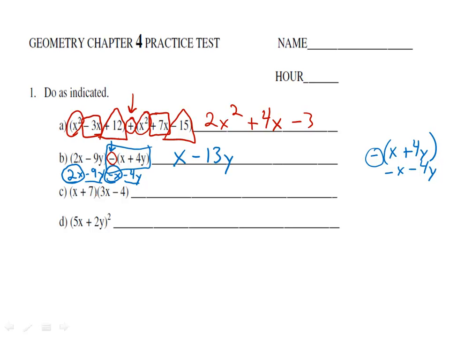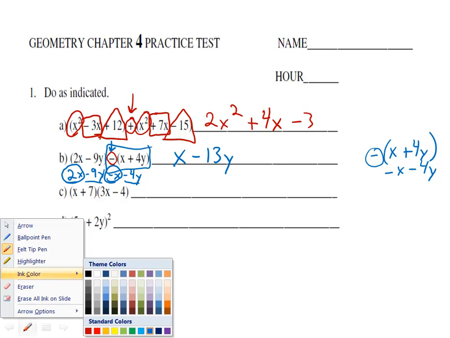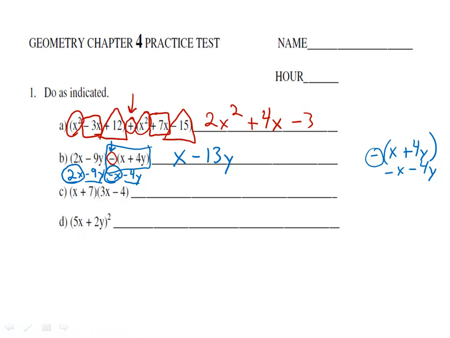Now, for part C here, now you have multiplication. So here's yet another example of what we do, and this is what you have been taught is FOIL. Now the rule here that we have to follow is that the x in the first set of parentheses has to be multiplied with everything that's in the second set of parentheses, the second binomial. So this x has to go times the 3x as well as the negative 4. So x times 3x is 3x squared.